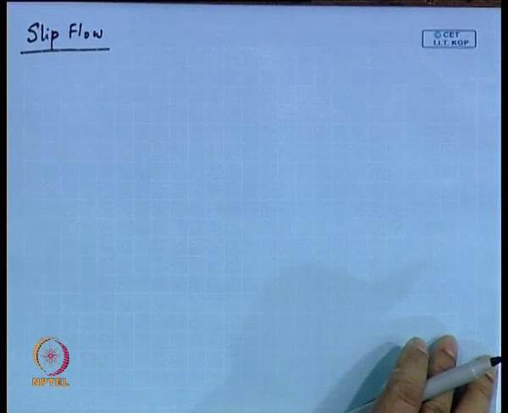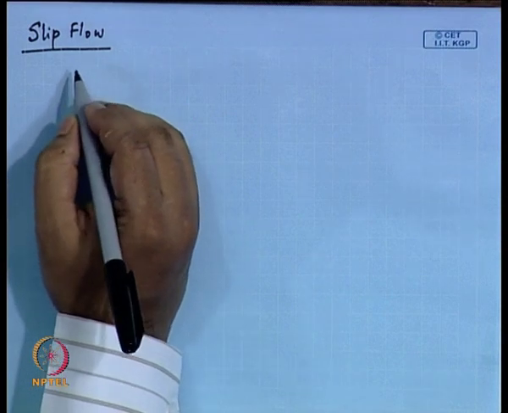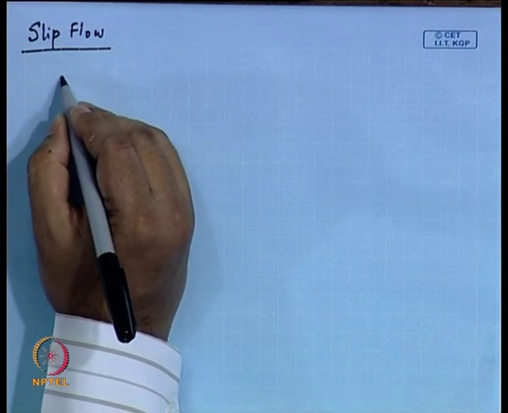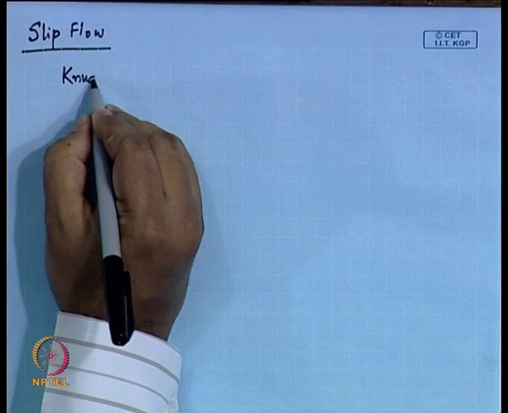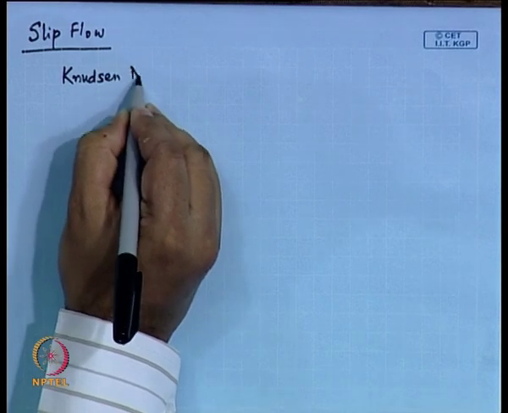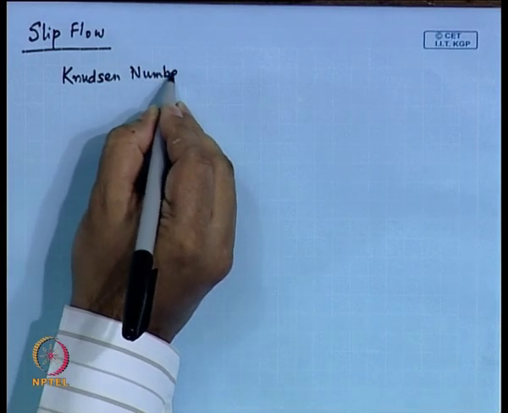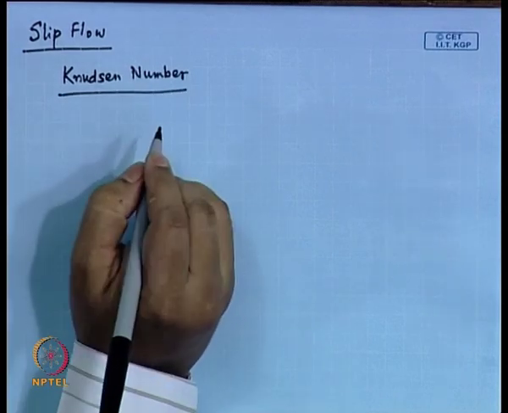So far we have been mostly focusing on the liquid and ions getting pulled, but this is something different, called slip flow. The importance of slip flow is that there is one factor, which I think I briefly mentioned to you, given by the name Knudsen number.